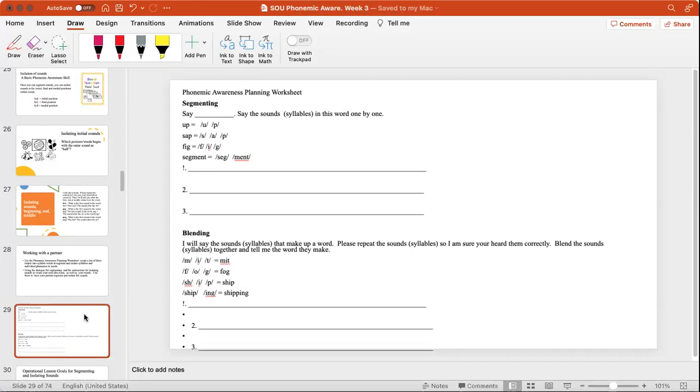It's a set of directions of how you should talk to your students when you're doing a segmenting exercise. Under segmenting, it says: say sap, say the sounds in the word sap one sound at a time.